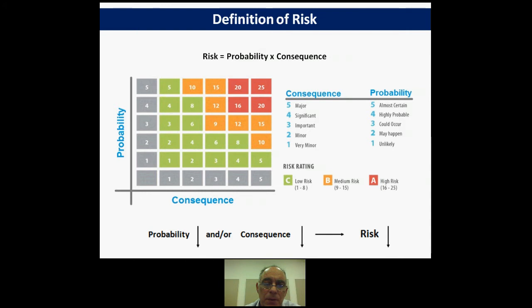In any case, if we want to reduce risk, we can either look at lowering the probability or frequency of the hazard or causes of the risk, or the consequence, or a combination of both.